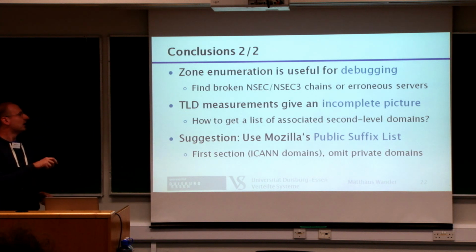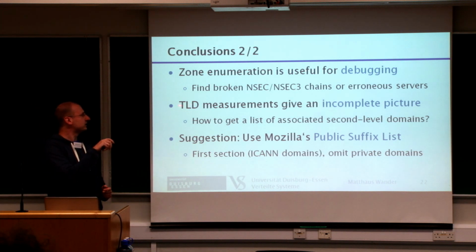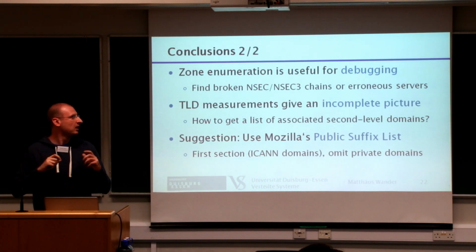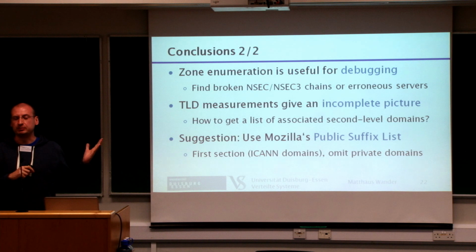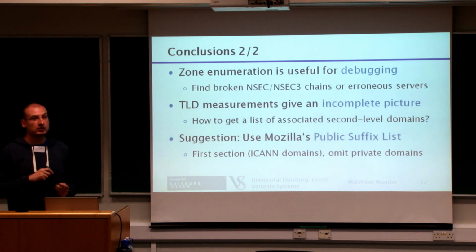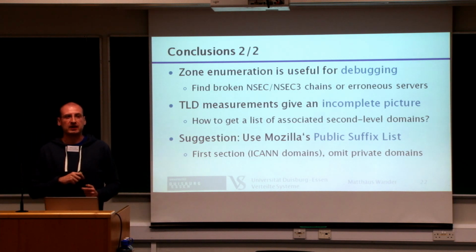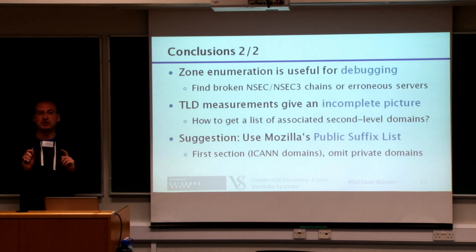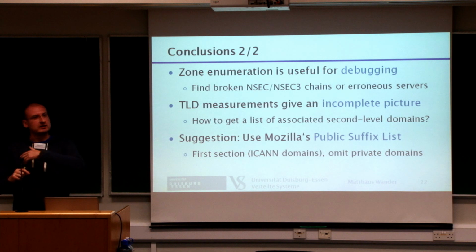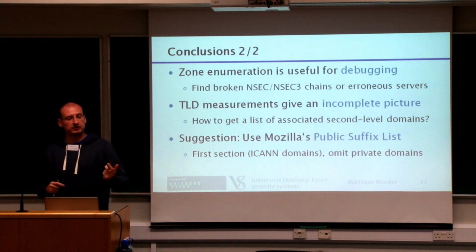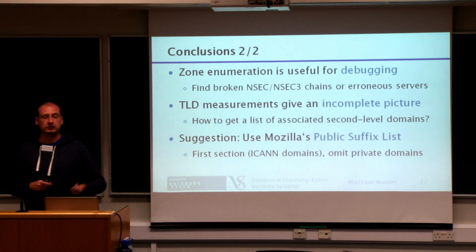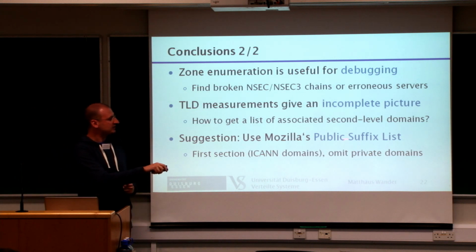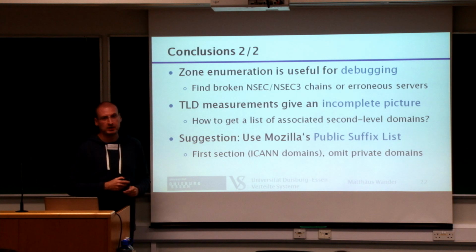Furthermore, we have seen that because the measurement was limited to top-level domains, with enumeration only over top-level domains, this has given us an incomplete picture, unfortunately. So for future work, I would recommend using another list. And my recommendation would be, not only if you're running zone enumeration, but also if you're making latency measurements to top-level domain servers, traceroute to top-level domain servers, whatever you're doing with top-level domain servers, consider instead using the public suffix list, which is maintained by Mozilla.